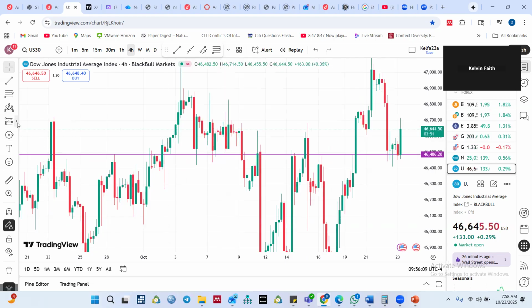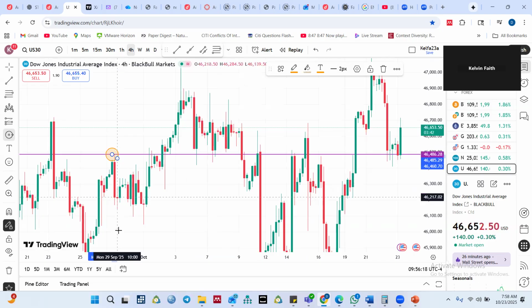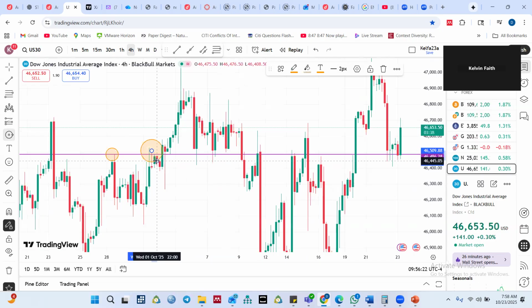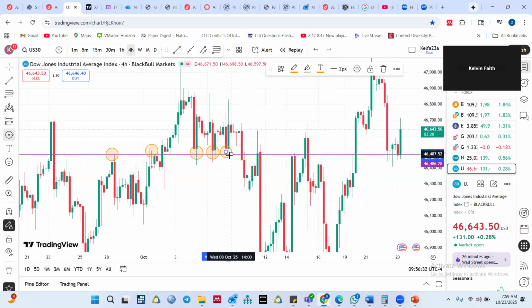Okay, so one, I can see that around this area, price touched this place and dropped. I can also see that there was a touch here and there was a reaction. I can also see that there are touches here, touch here, moved up.